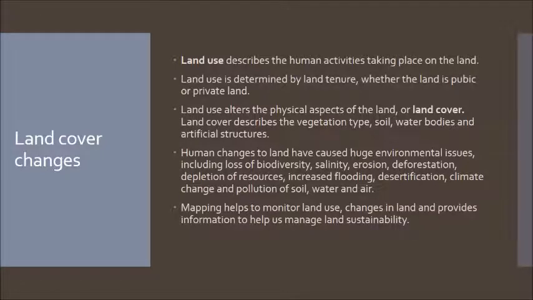So mapping can help us monitor land use, the changes in land use, and provide information to help us manage land. So by keeping, I guess, a map and keeping track of what land used to look like and what it looks like now and what it will look like in the future, we're able to just see the changes unfold.